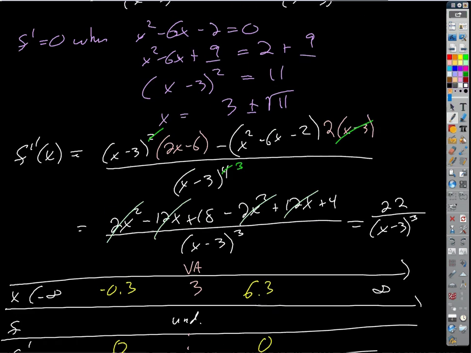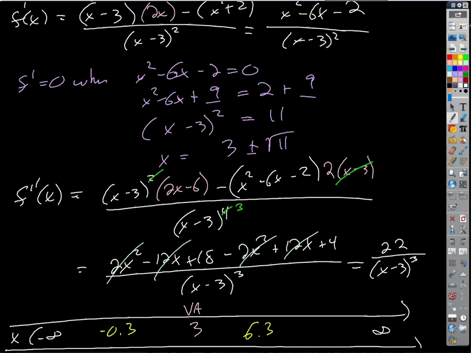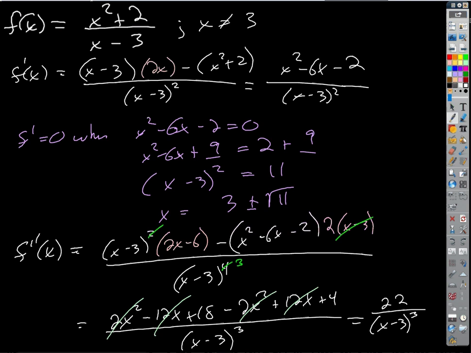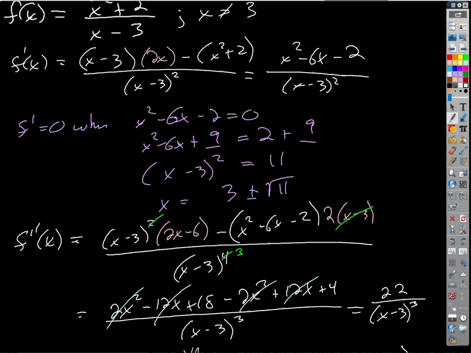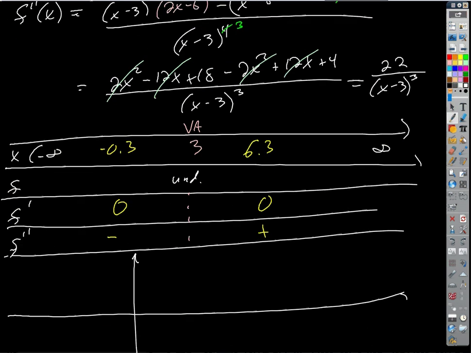If we check these values in our original function, what are we going to get? So if I plug in negative 0.3, I'm getting something like negative 0.7-ish probably, right? Oh, yeah, about negative 0.7. So we just get an idea.